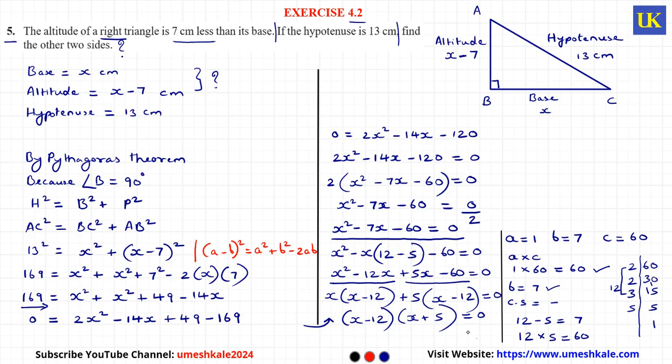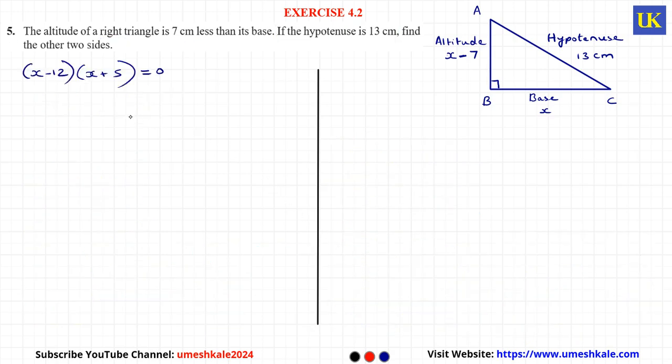Now the next part we'll do on the next page. What we'll do is equate these factors with 0. So x minus 12 will equate with 0 and x plus 5 will equate with 0.